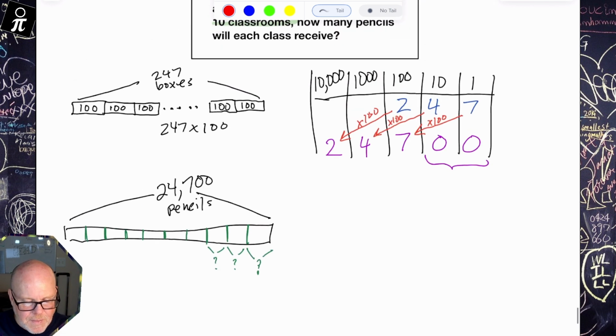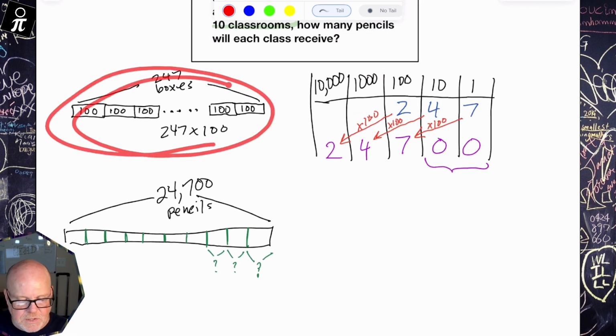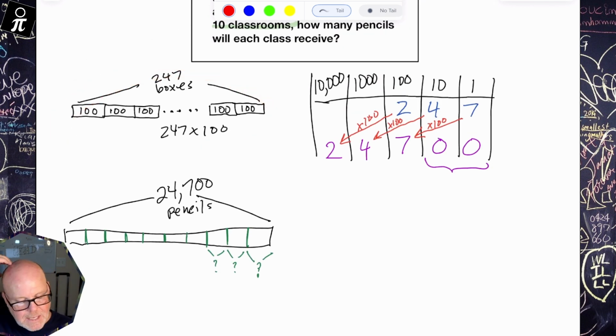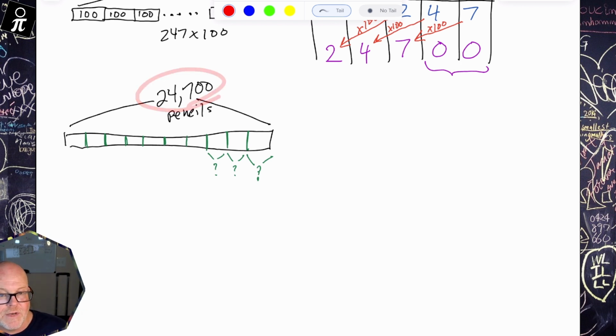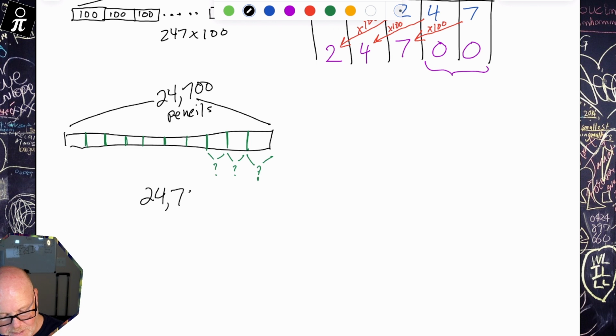And notice this is what the representation looks like when we're multiplying, and this is what the representation looks like when we are dividing. All right, so now I know that I need to do 24,700 divided up amongst 10 equal size groups. So basically, I need to write down we are doing 24,700 divided by 10.